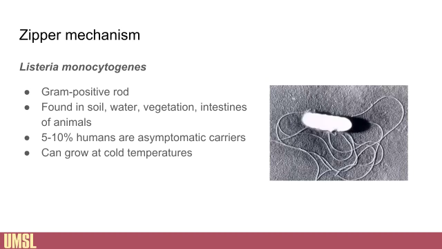And what's really interesting, and there are not quite as many humans that are asymptomatic carriers of Salmonella, but there's a fairly sizable amount of the human population that are just asymptomatic carriers of Listeria monocytogenes. One of the important things about it is that it causes inflammatory diarrhea. It's also an invasive pathogen if you are immunocompromised.